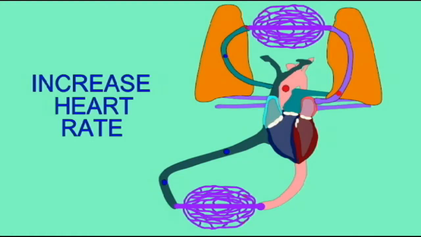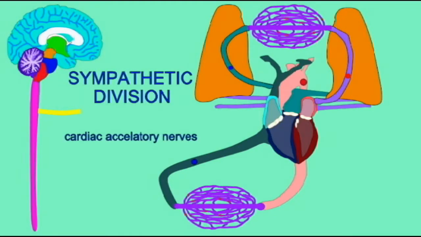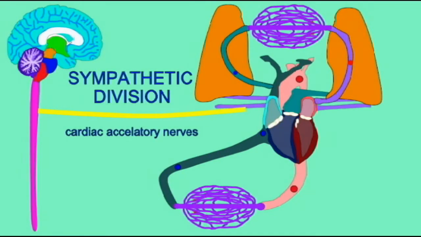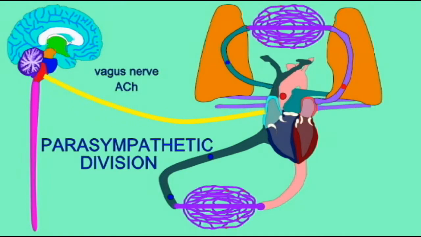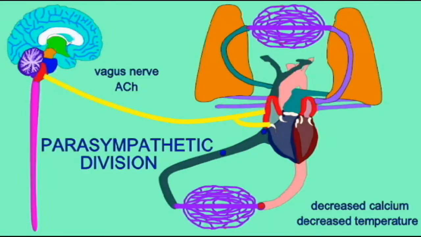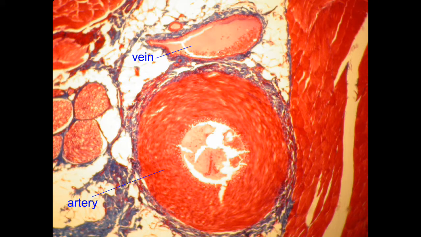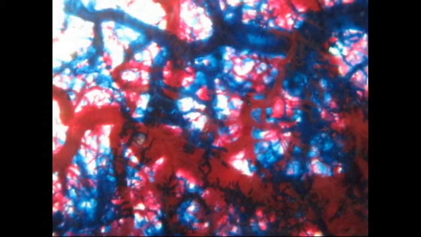So thus, when nerves go to the heart to increase heart rate with cardiac acceleratory nerves or decrease heart rate through the vagus nerve, this is the autonomic nervous system. When neurons send commands to the muscle in blood vessel walls to cause vasoconstriction or vasodilation and change blood flow or change blood pressure, this is the autonomic nervous system.